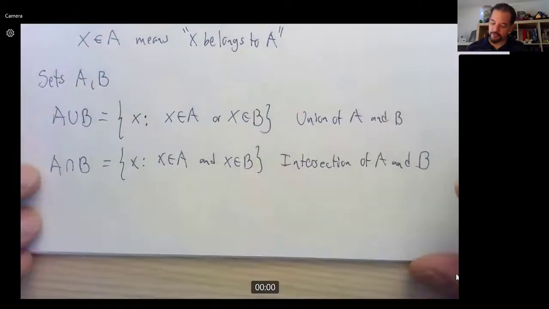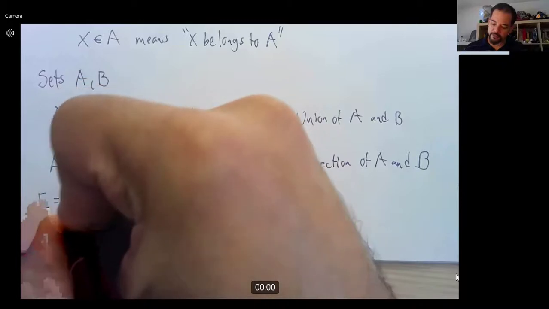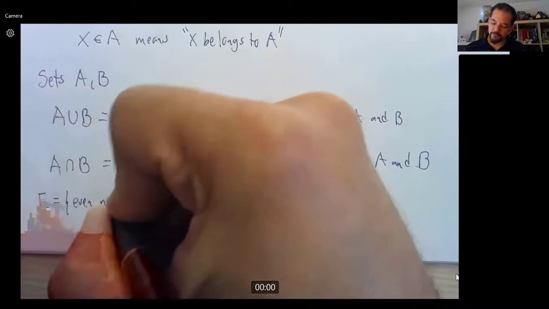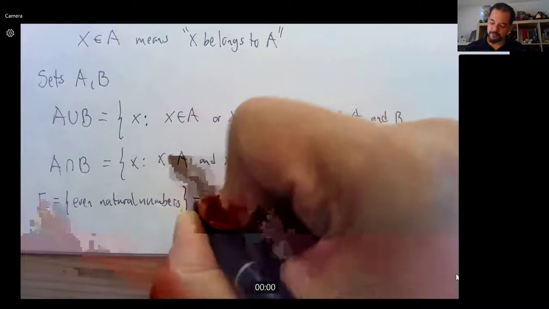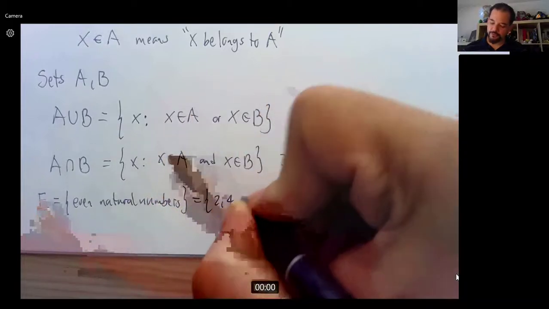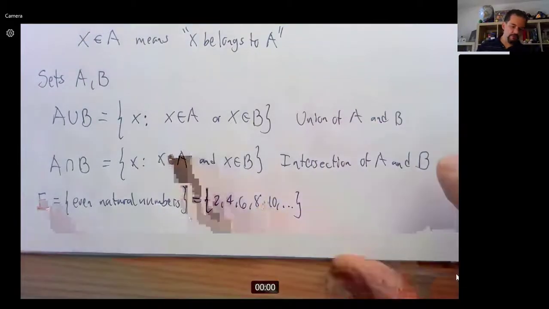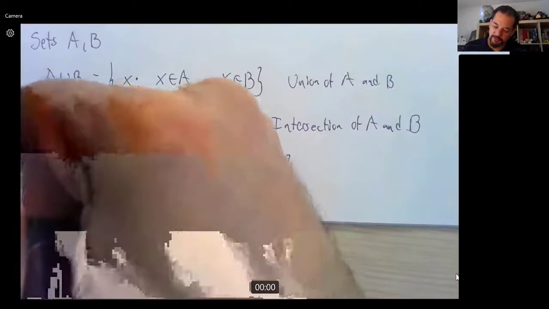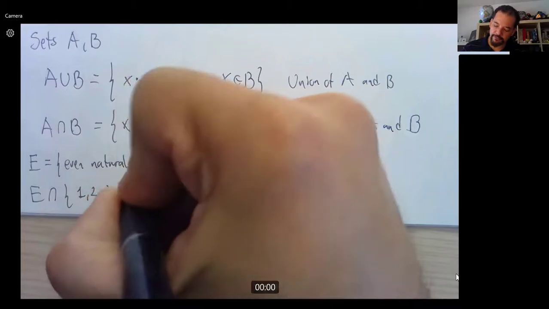Let's say that E is the set of even natural numbers. So this is 2, 4, 6, 8, 10, etc. Right? So then what would be the set E intersection the set 1, 2, 3, 4, 5?